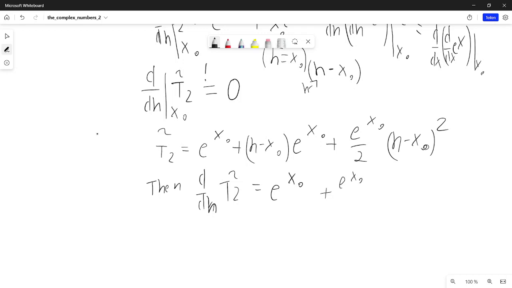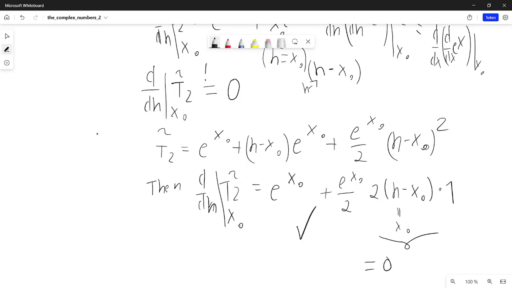So we get, I'm just using this property of the derivative of the composed function, and do not forget we consider that at the point x0, and so that is x0, and here we just get 1 from the inner derivative, right? But this plugged in x0 is 0, so that works.